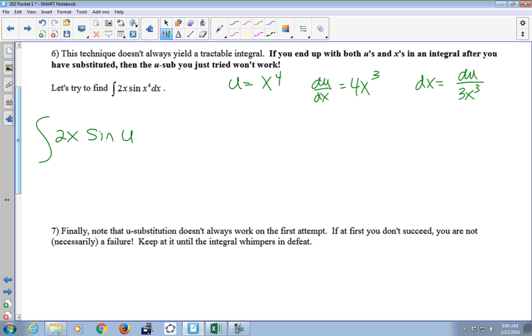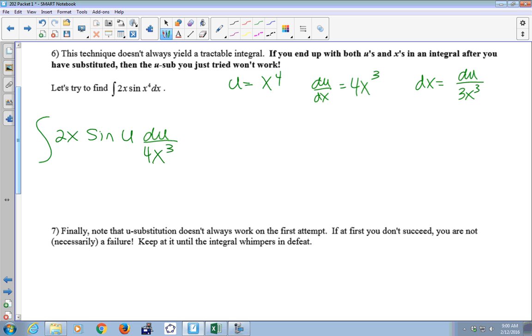Times the sine of u, and then times dx, which is du over 4x cubed. Okay, so I've made all my direct substitutions, and now I'm going to cancel whatever I can, hoping that all the x's go away.